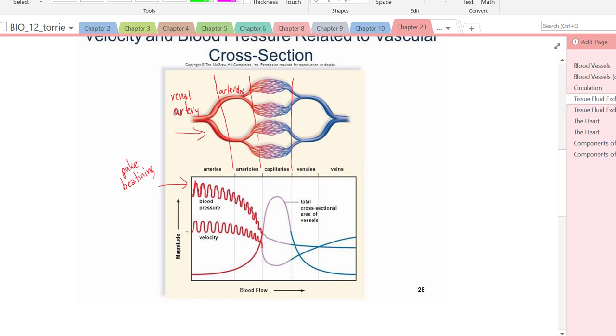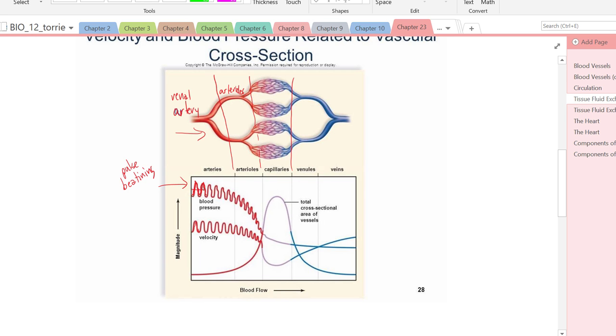When the ventricles contract and force blood into our arteries. We get a drop when the ventricles relax and fill up again. And then we get an increase again when they contract, and so on and so forth. That's our regular heartbeat. And that velocity would follow suit, right? When the ventricles contract, pushing blood into the arteries, the pressure goes up, velocity goes up. When the heart relaxes, the ventricles relax, blood pressure drops, velocity drops, and so forth.